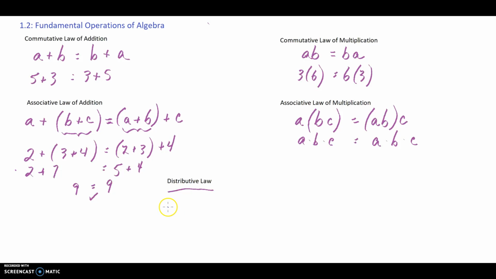So the distributive law states that when we have a value multiplied by the sum of two others, or of any two, that what we should do is multiply A times B and add to that the product of A times C. Okay, so distribution is used to eliminate brackets, and this might be useful, for instance, if we cannot perform the sum inside the brackets, like when these are not like terms, then we should eliminate the brackets by using the distributive law, and we are going to see this happen an awful lot.